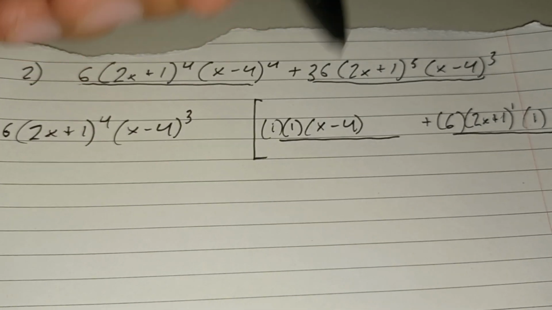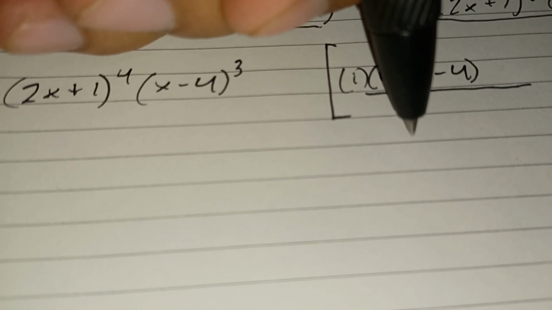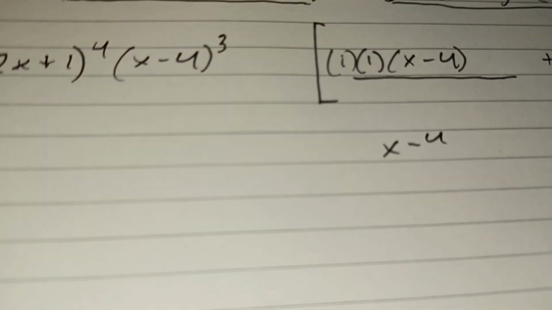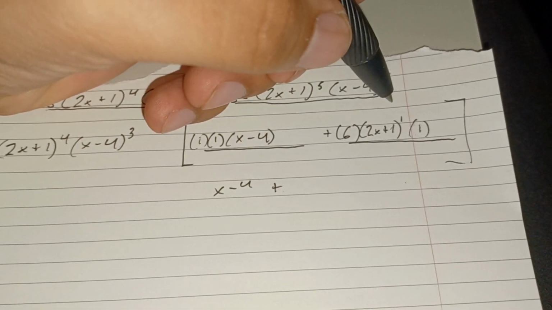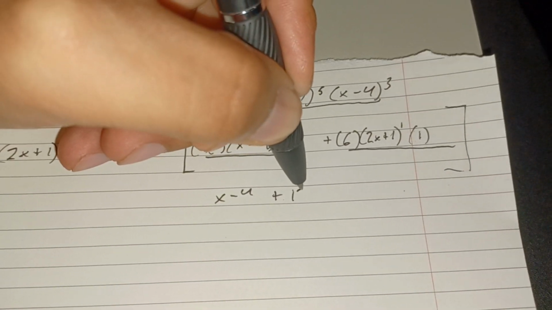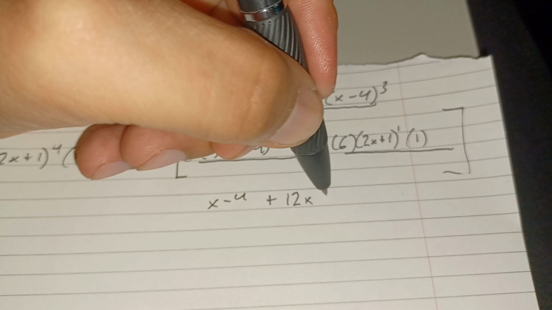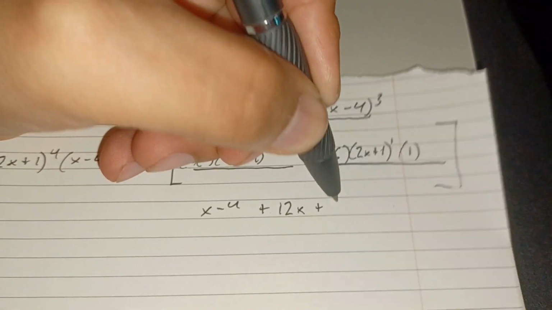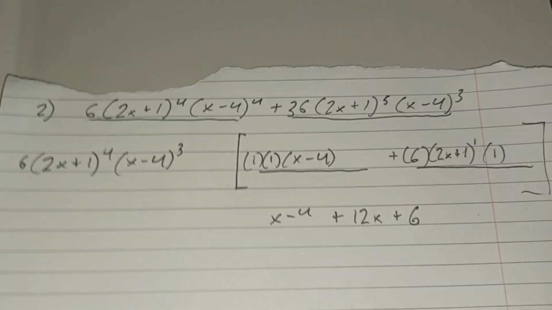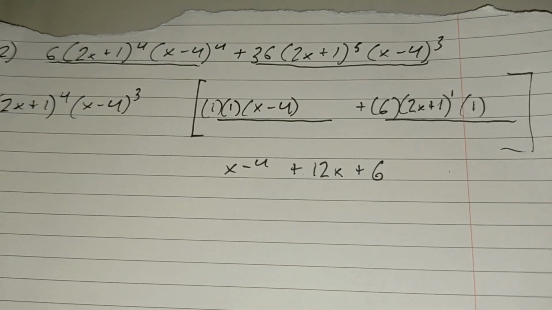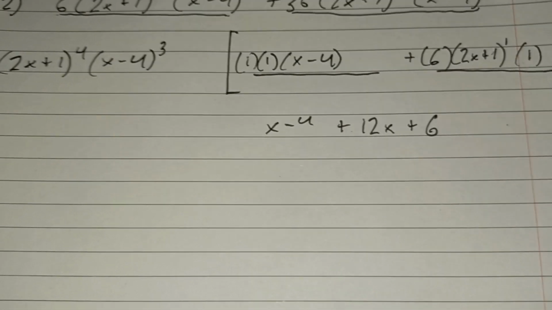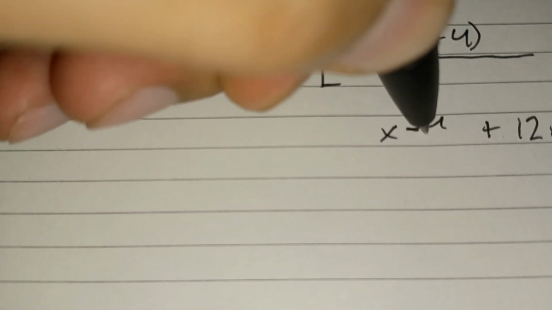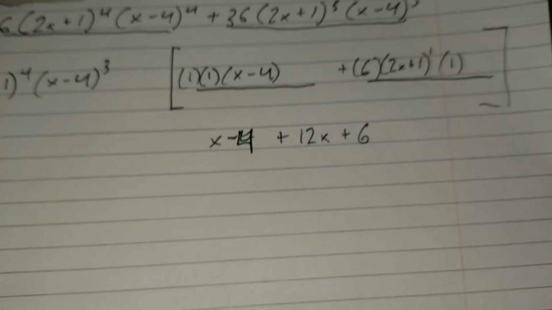So right here, 1 times 1 is 1. 1 times x minus 4 is x minus 4, plus 6 times 2x is 12x, right? Plus, 6 times 1 is 6. And yeah, so we have x minus 4 plus 12x plus 6. Good? X minus 4, that's x minus 4, by the way. I don't know if you're able to tell, but that's x minus 4.